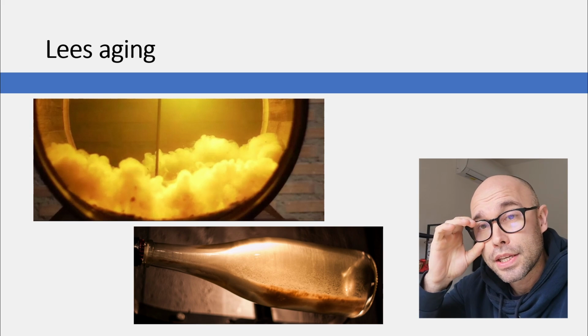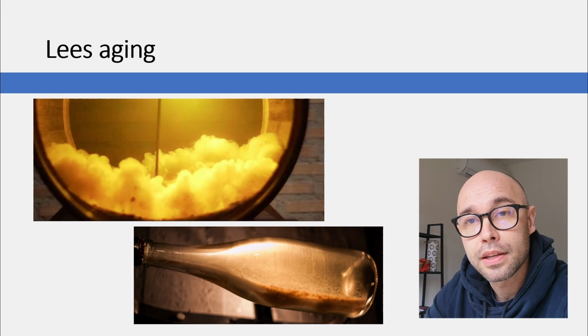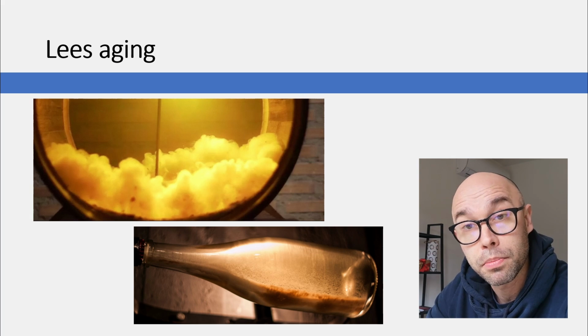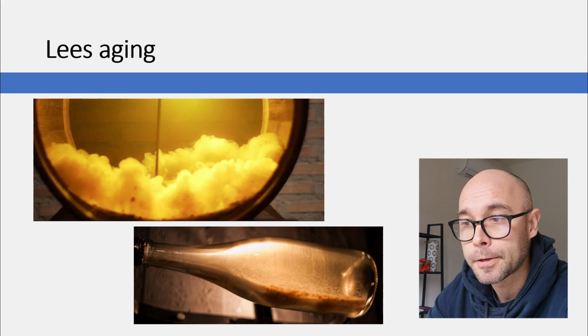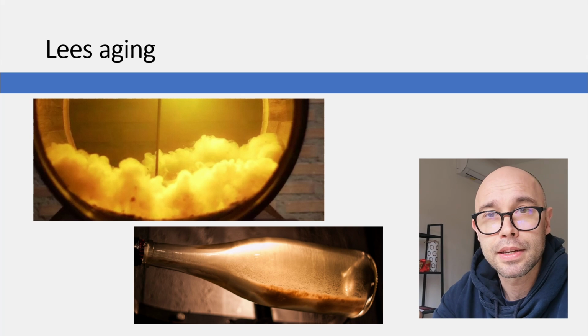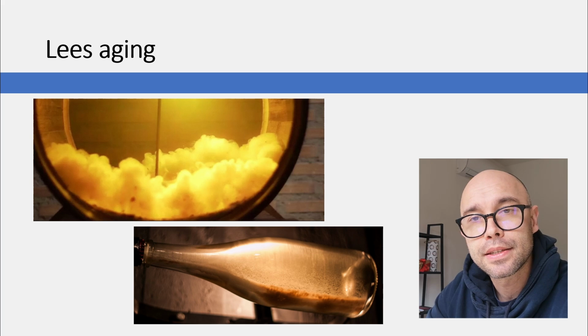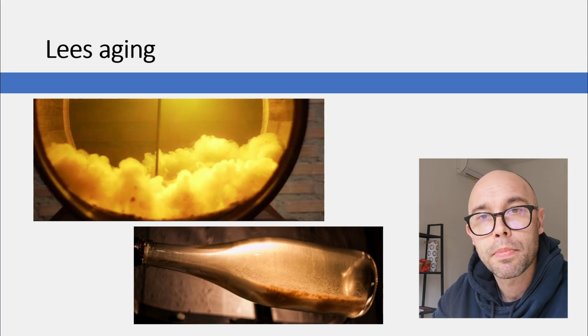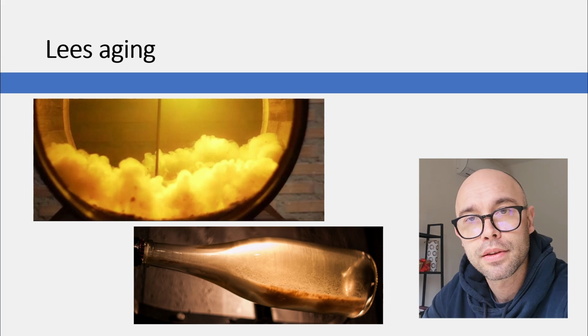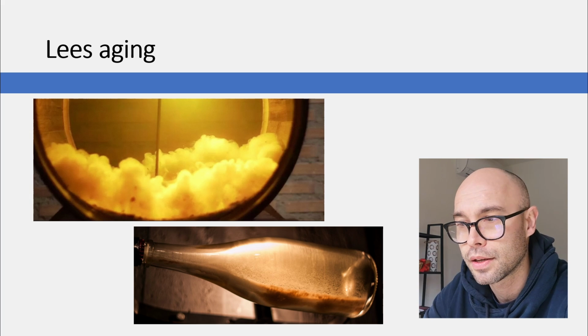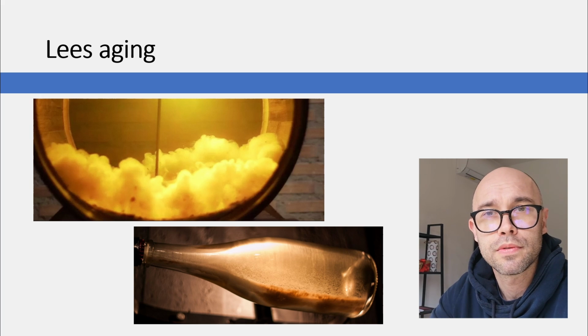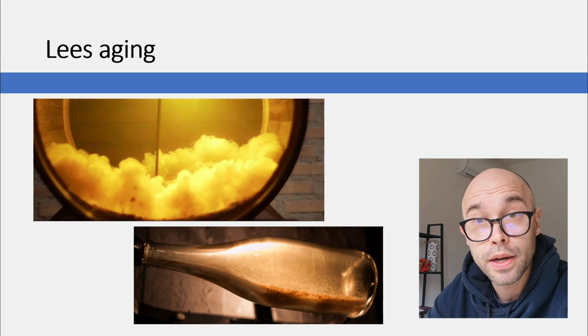Lees aging. After the wine finishes the fermentation, dead yeast cells fall to the bottom of the vessel and create this dust. This fine lees, the winemaker can use to impact flavor and add texture to the wine, and it's usually used for white wines.